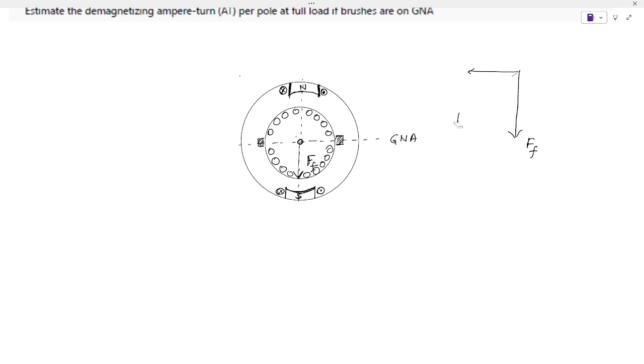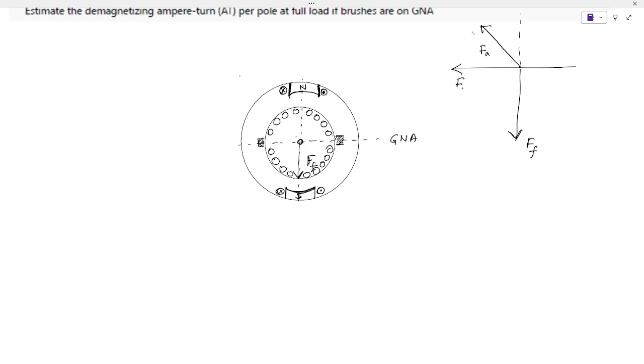This is not the best way, let us consider the armature flux this way, FA. It will have two components.